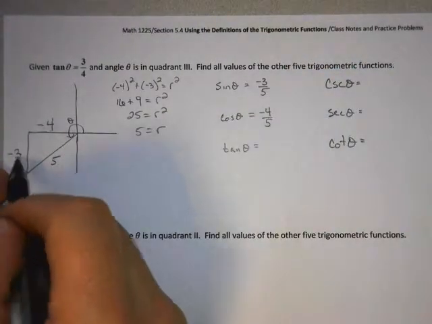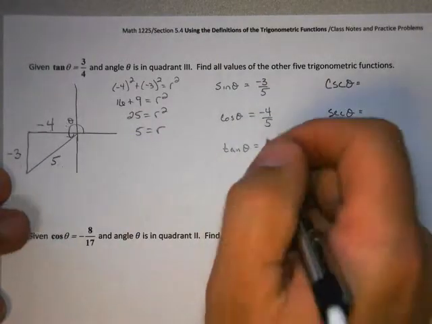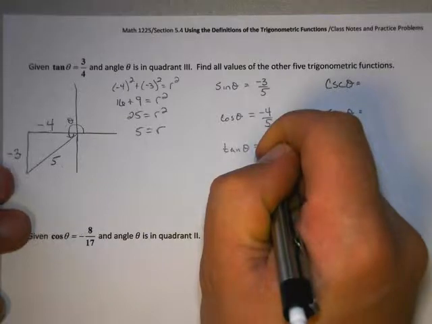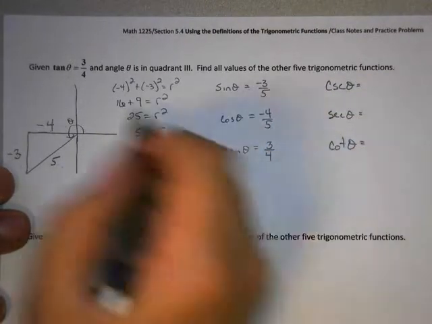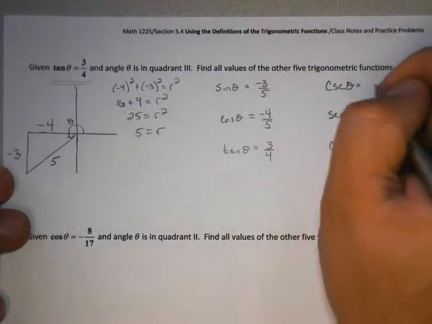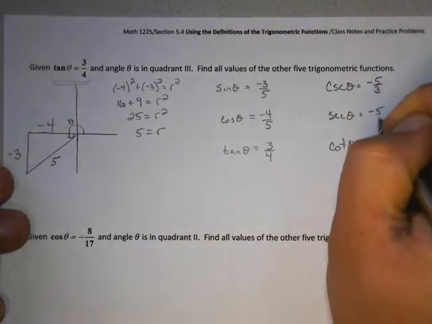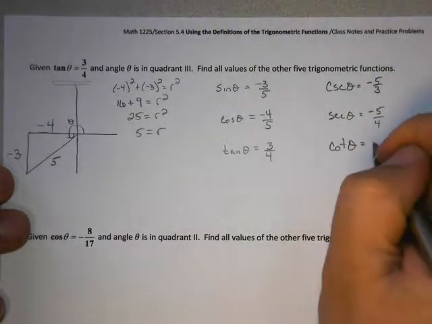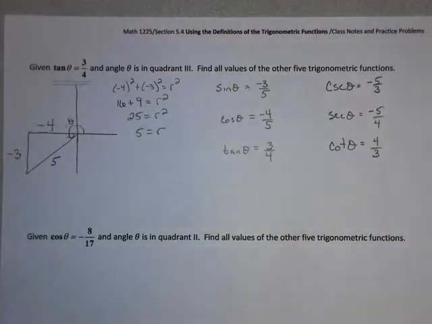And tangent is opposite over adjacent, or y over x, which is negative 3/4, which reduces to 3/4. But remember, that was the one that was given. And then the other 3 are the reciprocals: negative 5/3, negative 5/4, and positive 4/3.